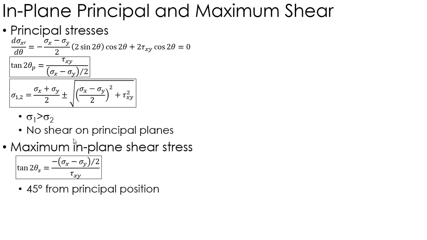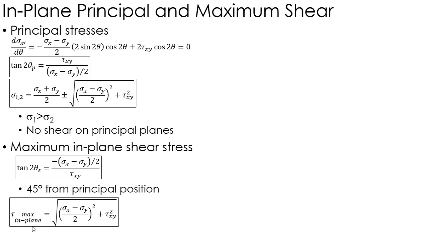Now, looking at the maximum in-plane shear stress, I do the exact same thing: take a derivative, set it equal to 0, and I find that my shear angle for the maximum in-plane shear stress is given by this, which you will find is actually 45 degrees from the principal direction found previously. Once you find that, you can plug it into the equation and find your maximum in-plane shear.